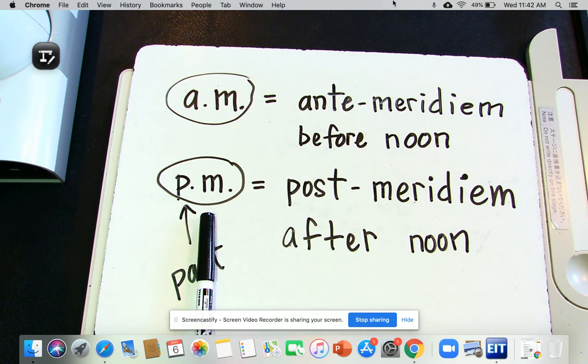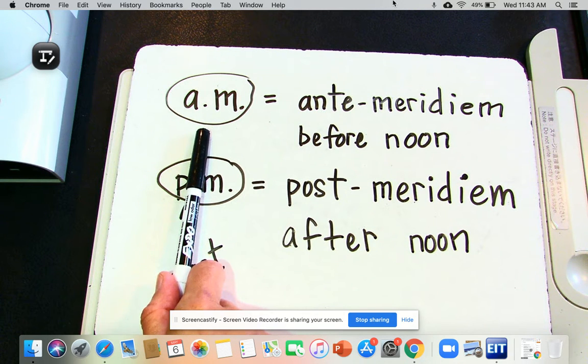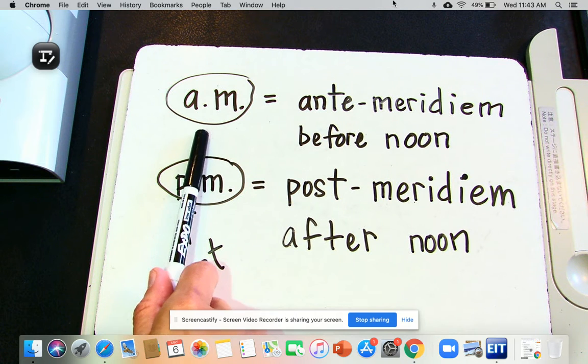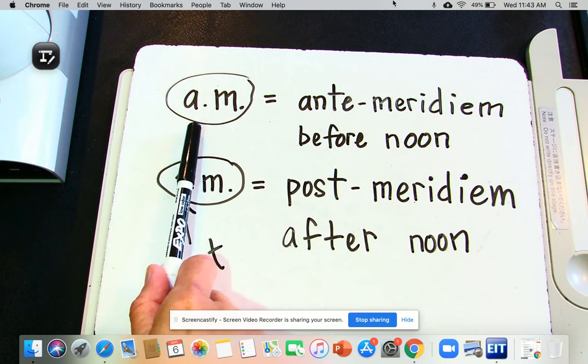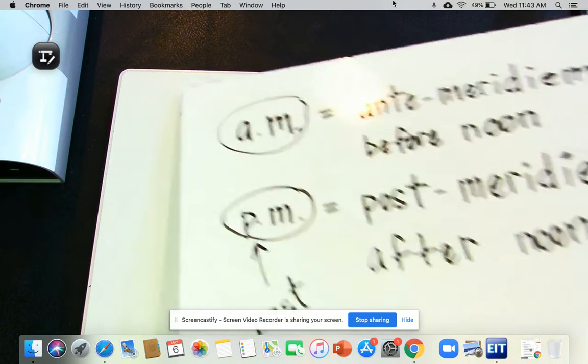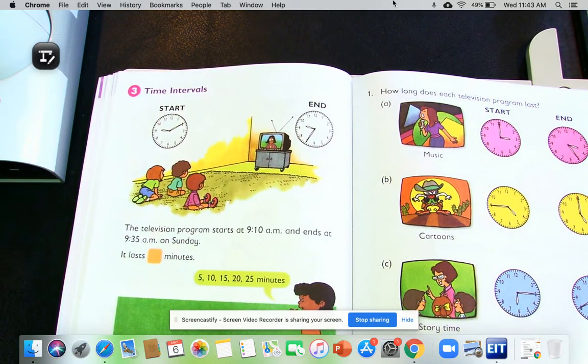So that would be in the afternoon, sort of right at the end of the school day. 4 o'clock AM, it would be dark outside. I would still be sleeping. That would be really before noon. Everybody's still asleep at 4 o'clock AM. All right, so AM and PM, just a little introduction before we look at our textbook pages for today.